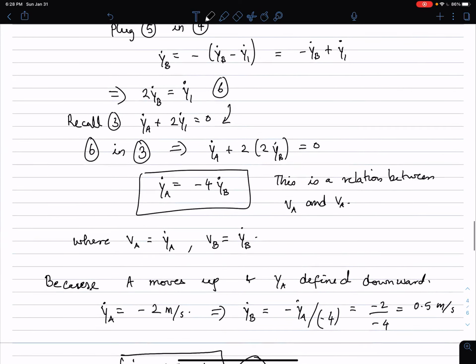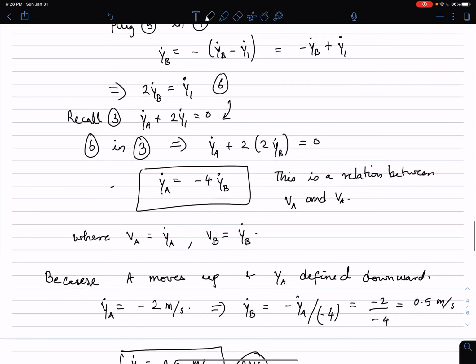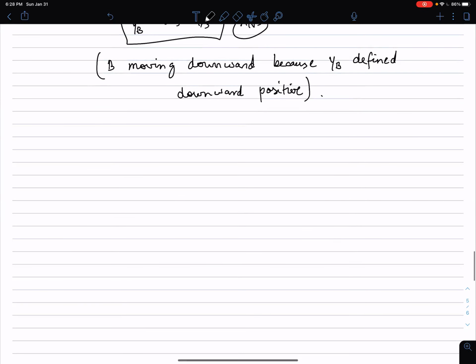And then we were asked about the acceleration of A given the acceleration of B. We can just differentiate this once more. So let's call this equation number, I suppose, 7 for acceleration. Differentiate 7.